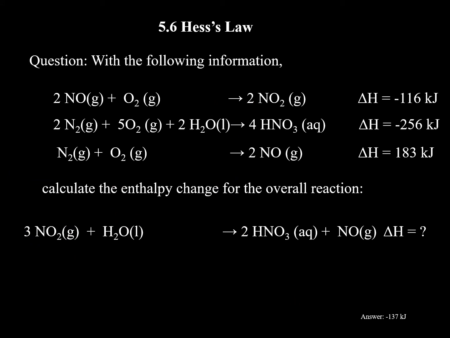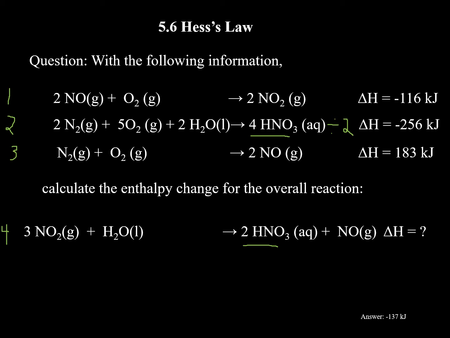So let's give another example to try. You can pause and come back when you've tried. Let's just first label our equations: 1, 2, 3, 4. The first thing I notice here is the HNO3, nitric acid, appears only in equation 2. So we have to divide equation 2 by 2 so that this comes down to 2HNO3.